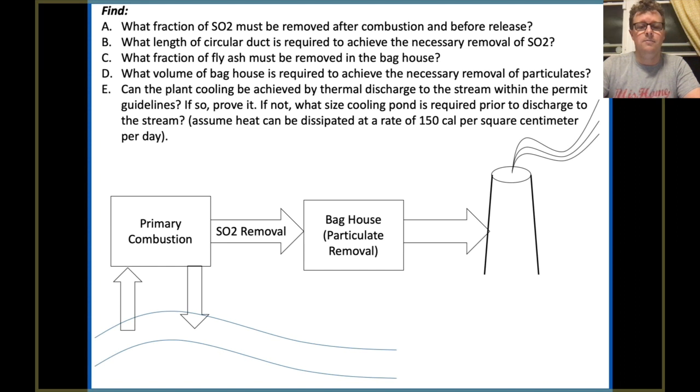We'll have some sulfur dioxide removal, so we're going to limit our impact in terms of acid deposition, or causing acid rain. We've got a bag house to remove fine particulate matter, and then we've got a stack to release our gases and our remaining particulates in thermal energy into the atmosphere above ground level. So we'll go ahead and work through these one by one.